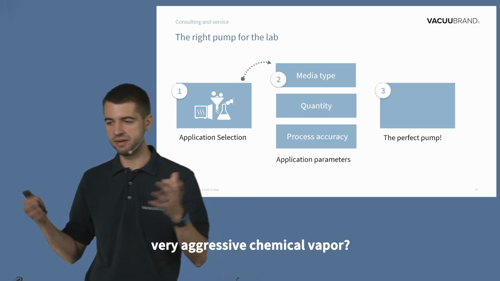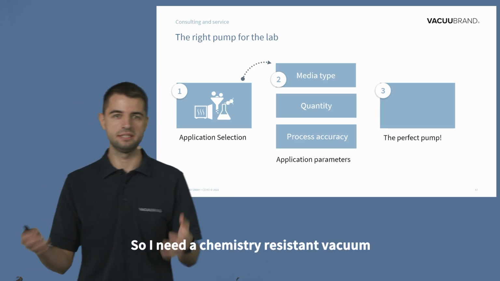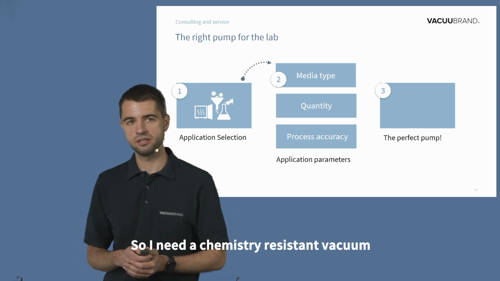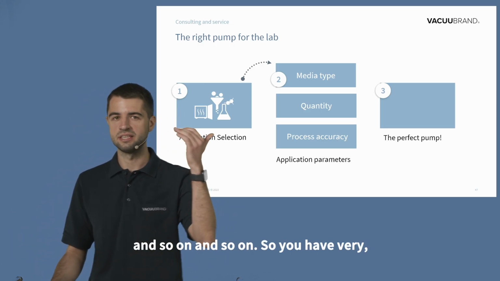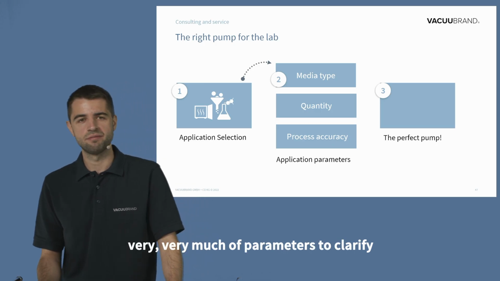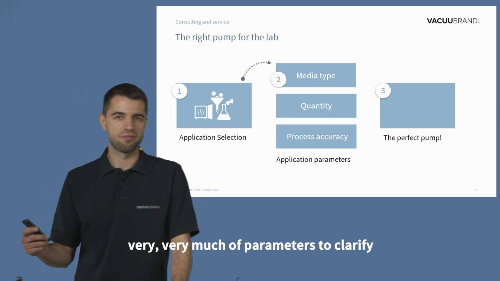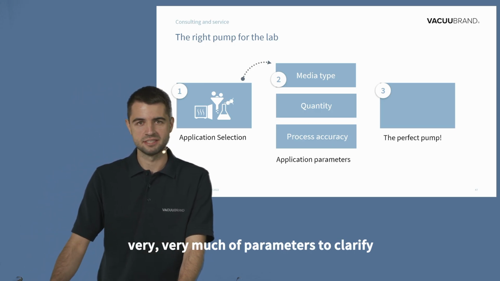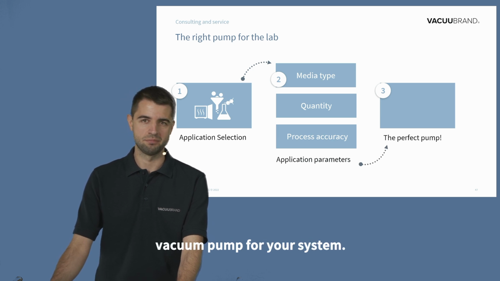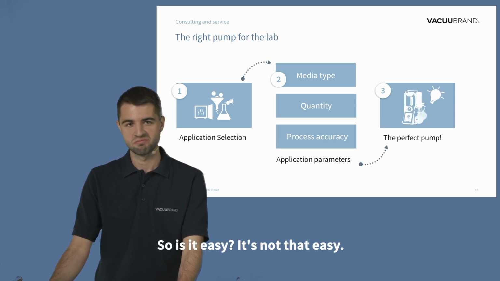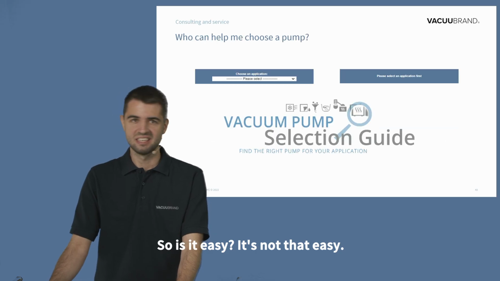Am I working with very aggressive chemical vapor, so I need a chemistry resistant vacuum pump, or is this not the case? And so on. So you have very many parameters to clarify in order to find the right vacuum pump for your system. So is it easy?